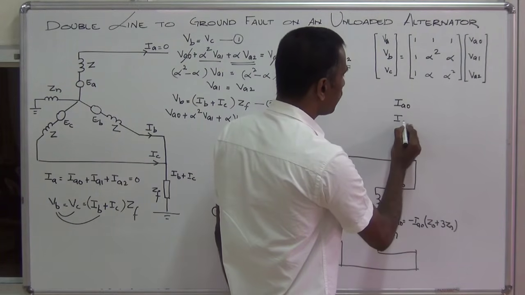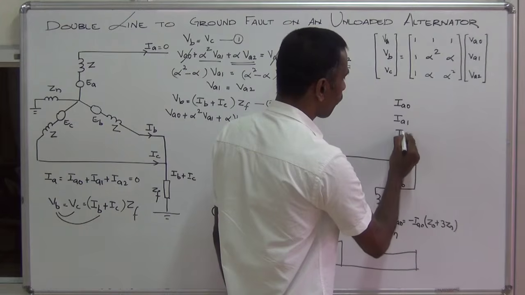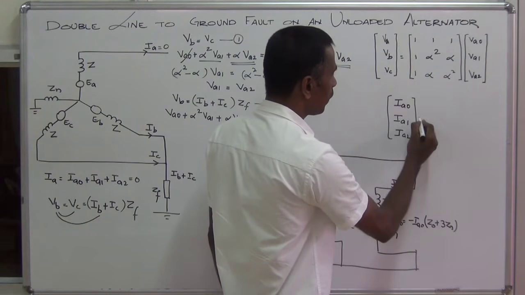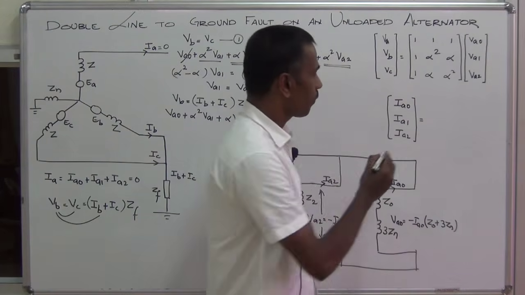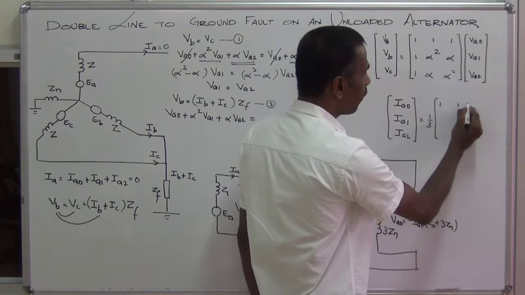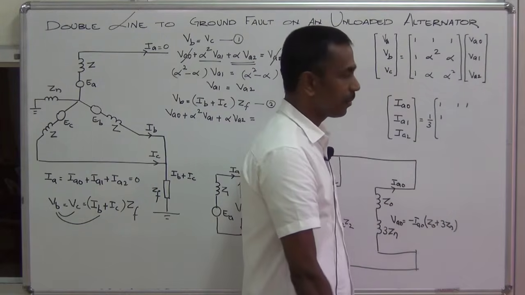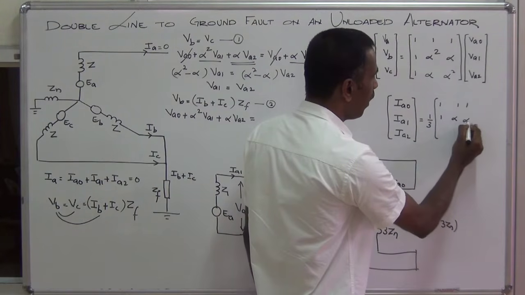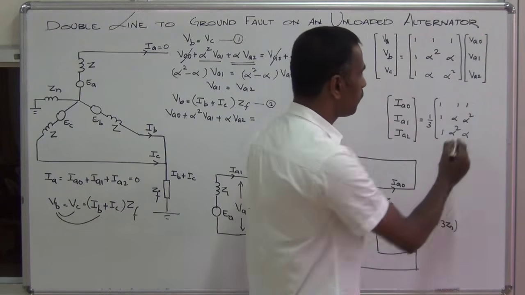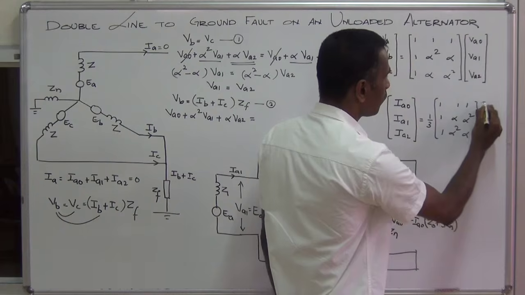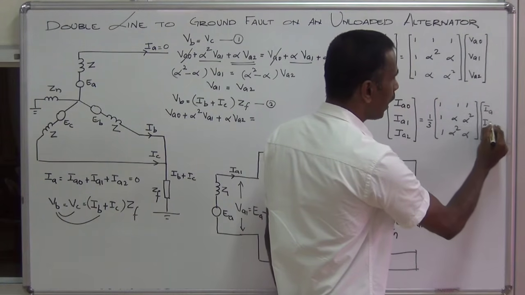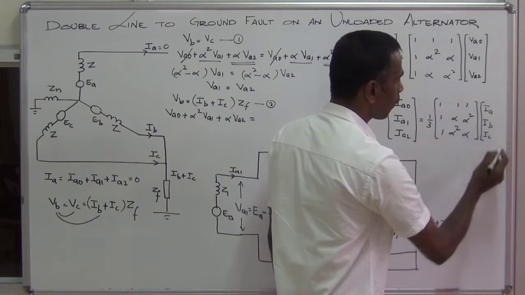Consider the sequence current equation. This is equal to 1 by 3 into the matrix 1, 1, 1, 1, alpha, alpha square, 1, alpha square, alpha, times the currents IA, IB and IC.